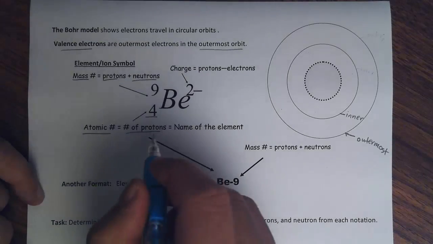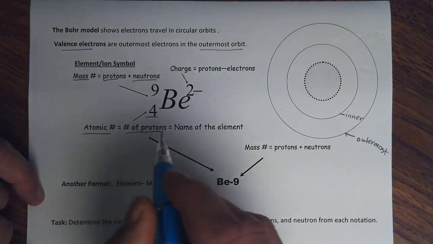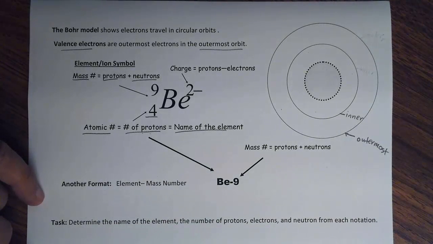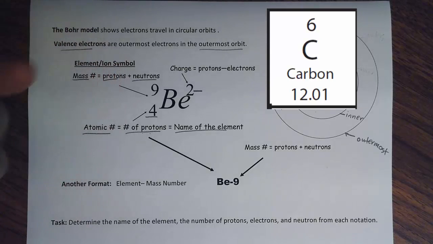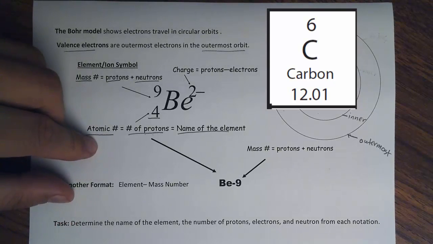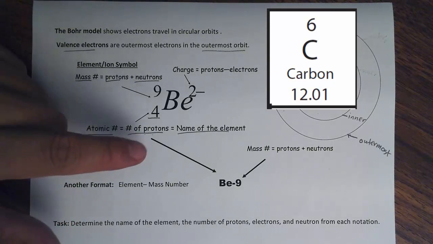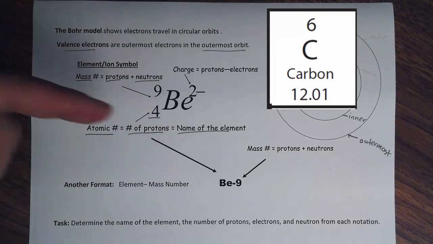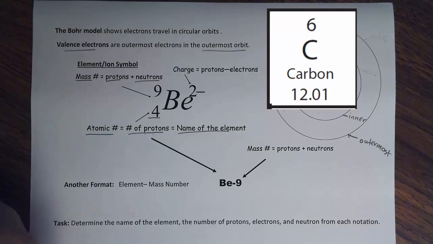So that means if we know the number of protons, we also know the name or the symbol of the element using our periodic table. For example, if I look at the element carbon, we know that carbon has the atomic number of 6, and therefore it has 6 protons, which is represented by the symbol C for carbon.